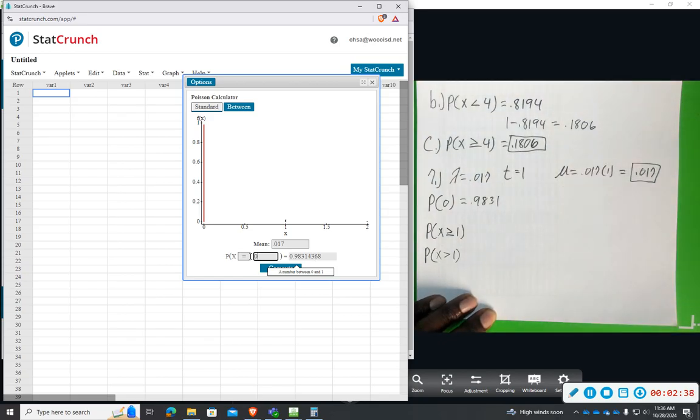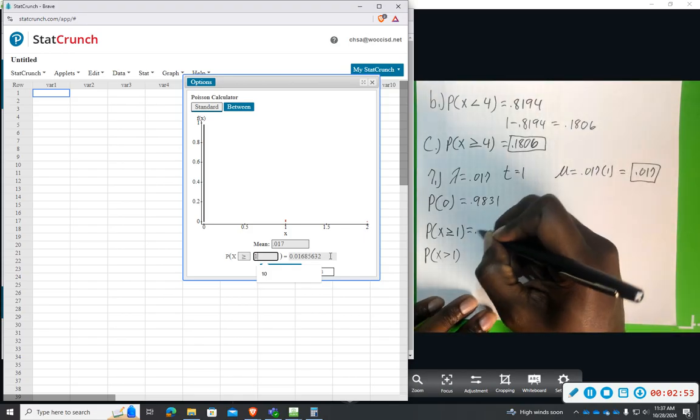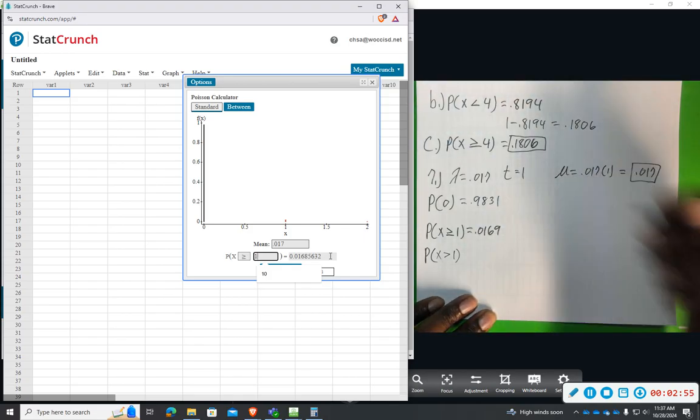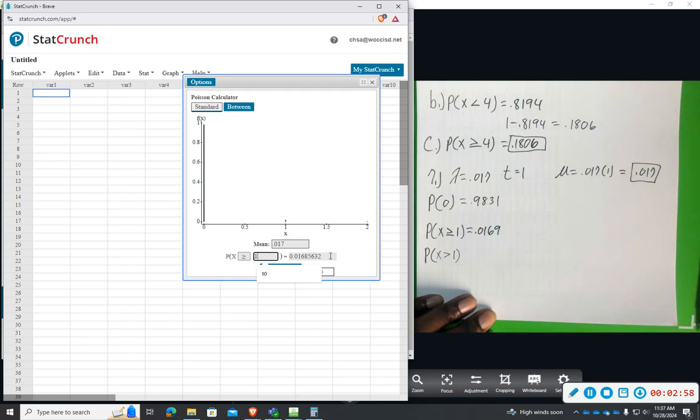Then we want greater than or equal to 1. That is going to be 0.0169 when rounded. And then just greater than 1 is going to be 0.0001.